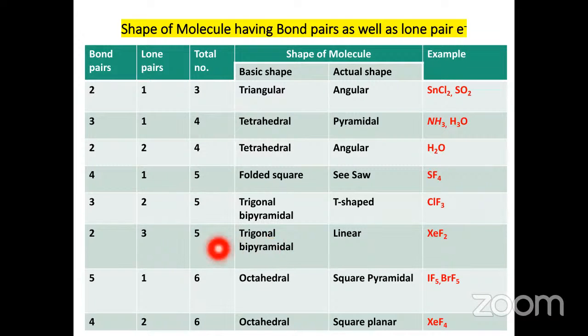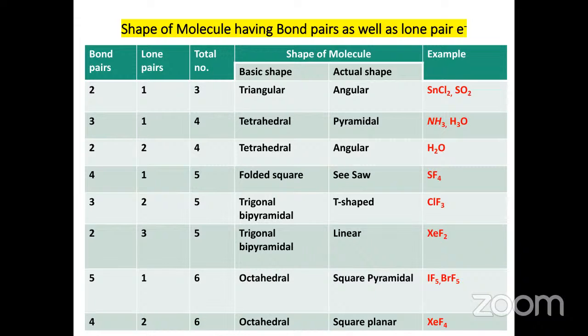Of these 6 electron pairs, if it has one lone pair along with 5 bond pairs, then the shape changes to square pyramidal. Next, if the molecule has 6 electron pairs, then the shape is octahedral. Of these 6, if it has 2 lone pairs along with 4 bond pairs, then the shape changes to square planar according to VSEPR theory.